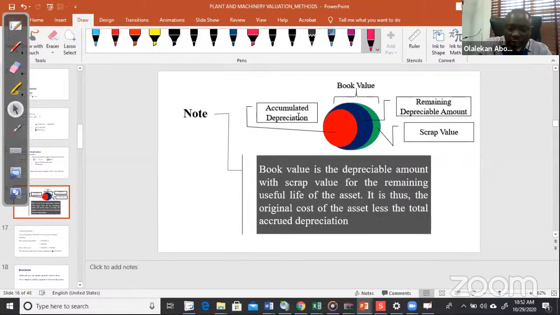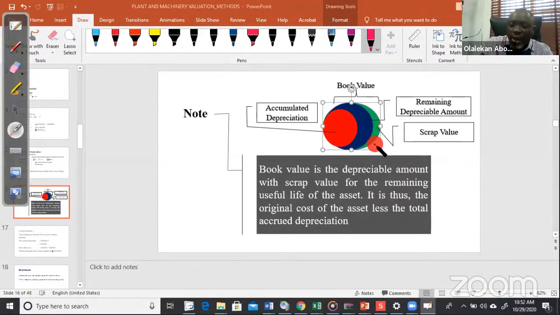Now, let's see this image. You can see this one represents all the depreciation that has accumulated. This portion of blue represents the remaining depreciable amount. The portion left over here, which is the green, represents the scrap value, right?